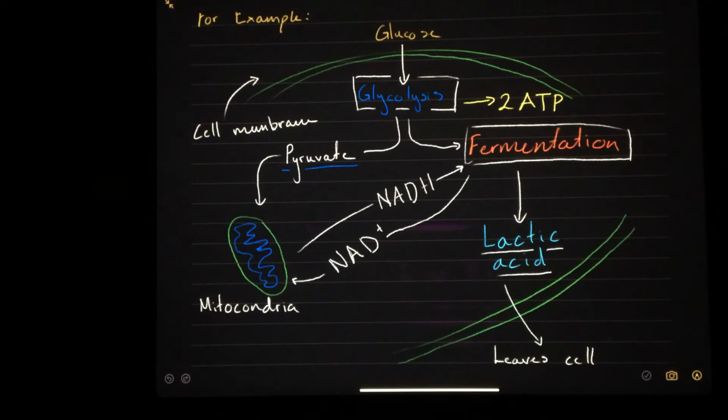Lysis means breaking apart. You should know that from topic 1 of IGCSE, for example, in animal cells. But anyhow, I will probably cover that as well. And that in itself generates that 2 ATP.